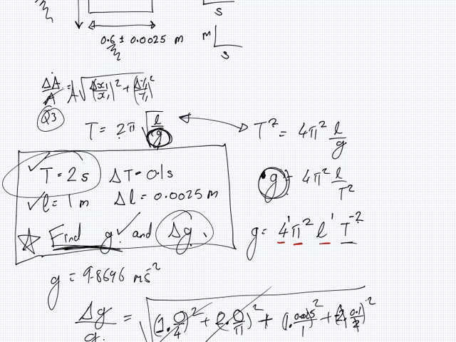Yes, you can do that. However, if you do that, then you can't do this because you don't know what the powers are. So you can do that to find G, but you can't do that to find delta G. Yeah, that one was for multiplying only. Okay.